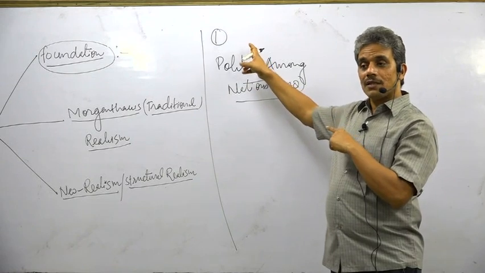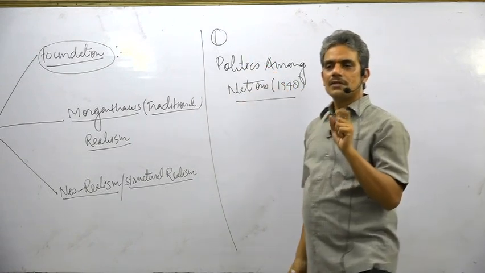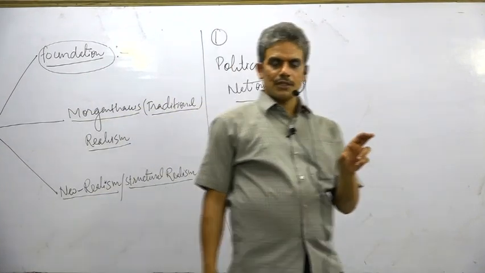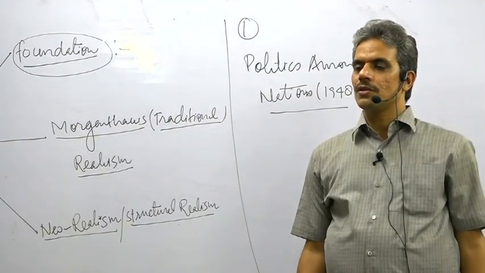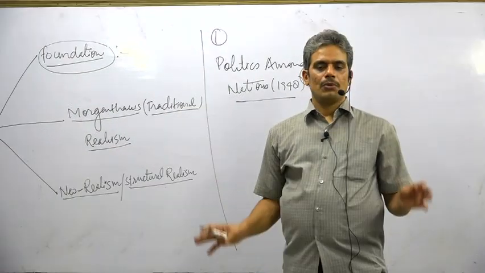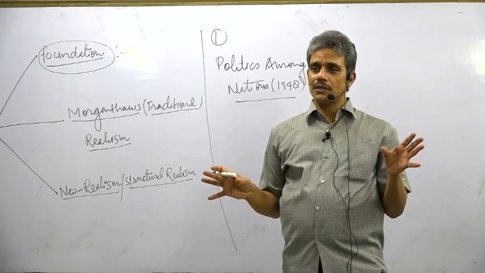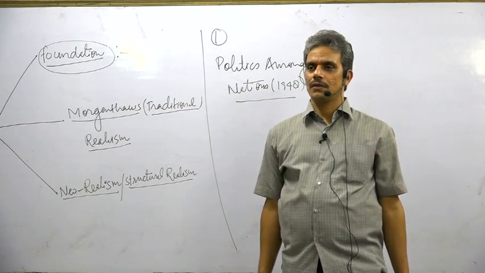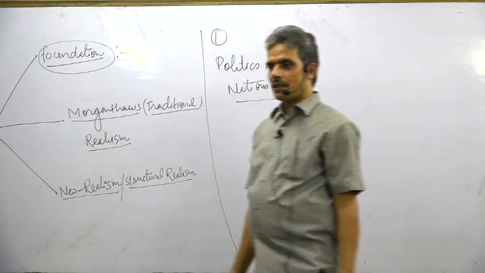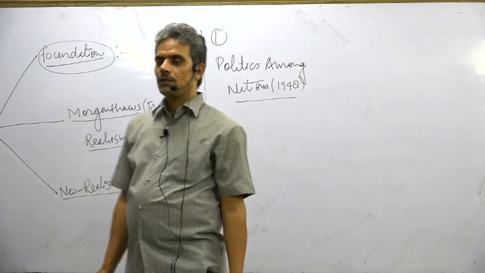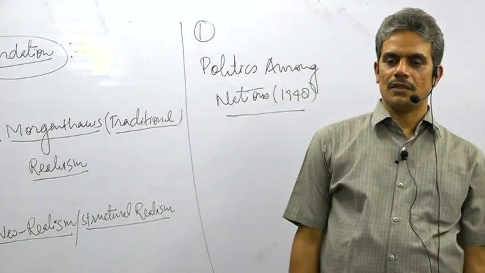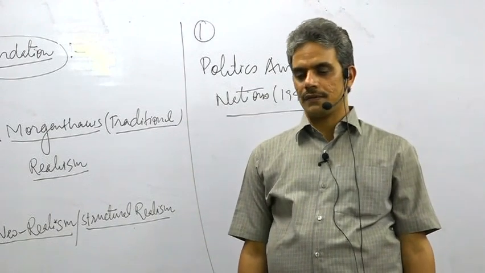So therefore, what Morgenthau says is that politics is based on objective laws which are rooted in human nature.